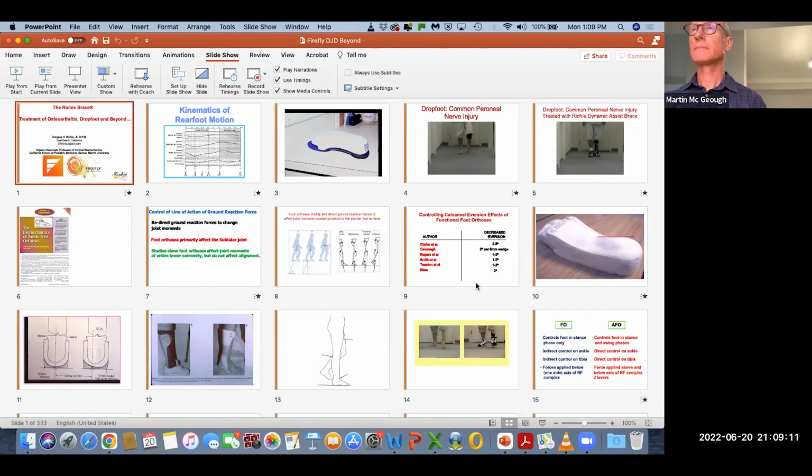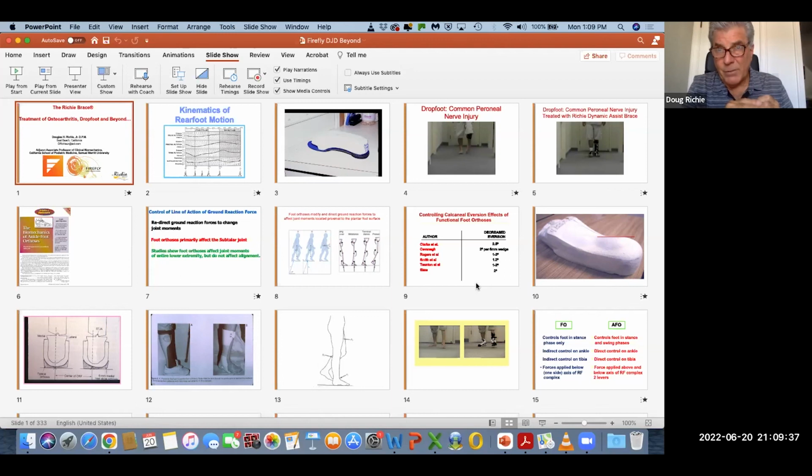And so we can offload and stabilize the calcaneofibular ligament and the anterior talofibular ligament with an articulated Richie brace. We don't have to put them in a cast. We don't have to put them in a walking boot. We can allow sagittal plane motion of the ankle joint. The anterior talofibular ligament is a restraint of internal rotation of the foot at the ankle joint.